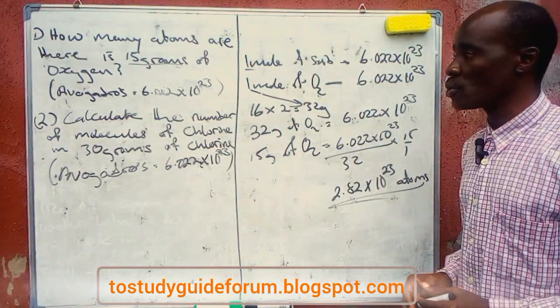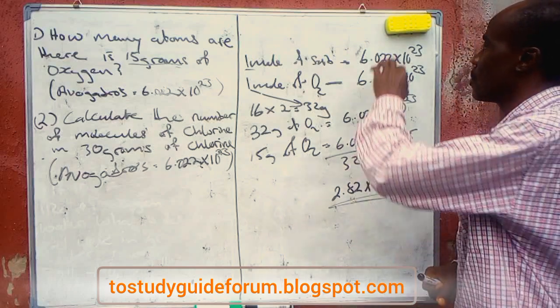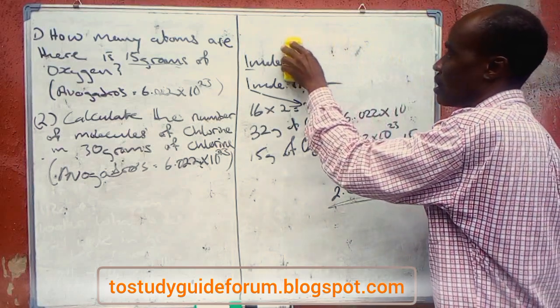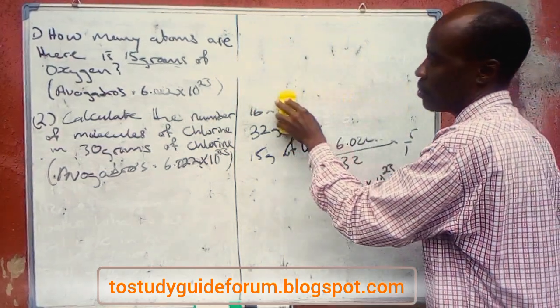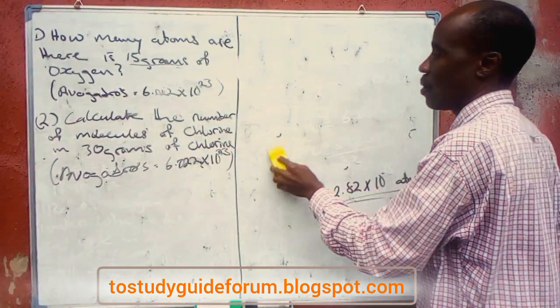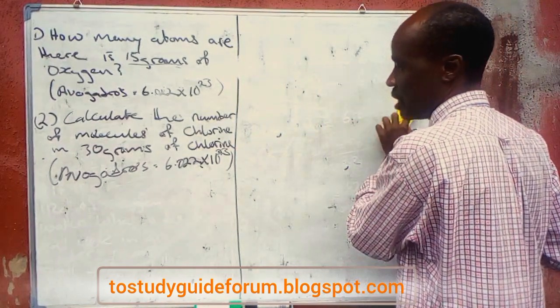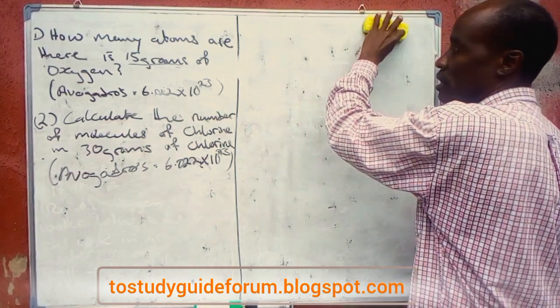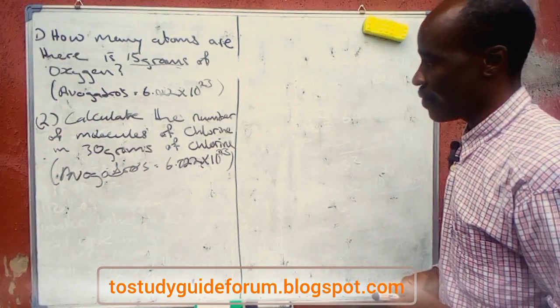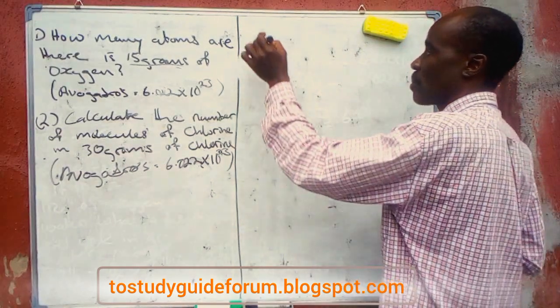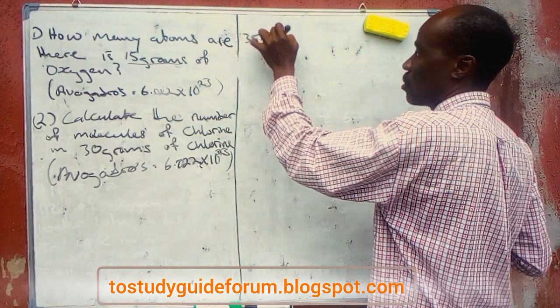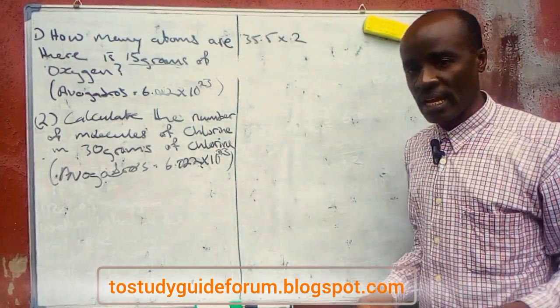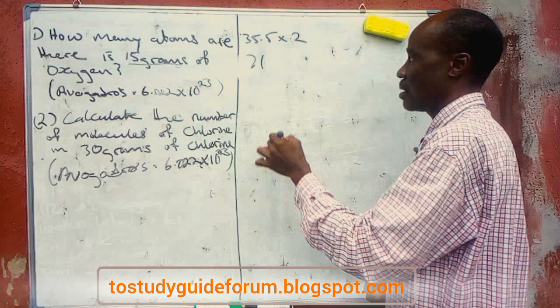In the same way, let's see how we're going to solve the second one. Talking about molecules: calculate the number of molecules of chlorine in 30 grams of chlorine. We know that the relative atomic mass of chlorine is 35.5, multiplied by 2 because chlorine is diatomic, we have 71.